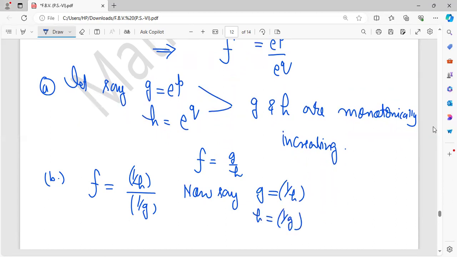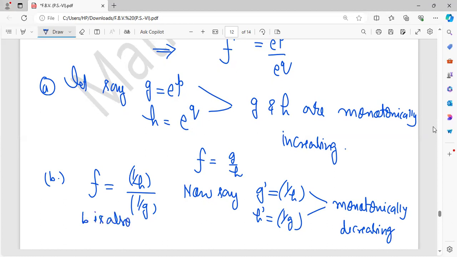So these functions, 1 upon h and 1 upon g, are monotonically decreasing, because g and h are monotonically increasing. So option number B is correct. B is also correct. Option number A is already correct; we have checked.